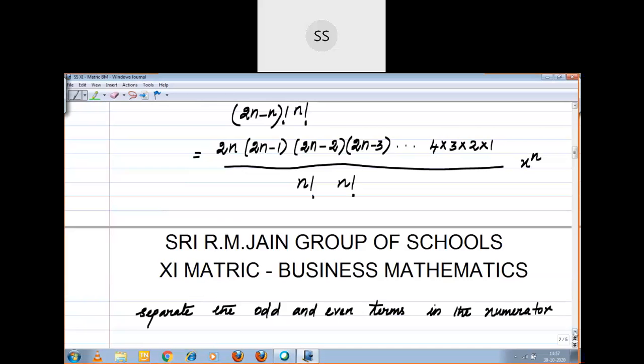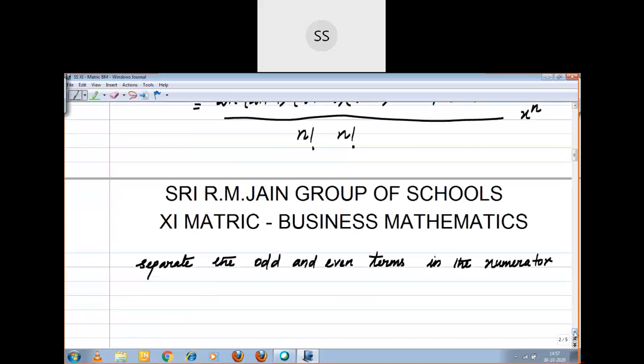Even terms in the numerator. What can you get? You see, which are the things are even, which are the things are odd. See here, I am going to write, you have to listen carefully. T n plus 1 equal to 2n, it is even. Then 2n minus 2, it is even.